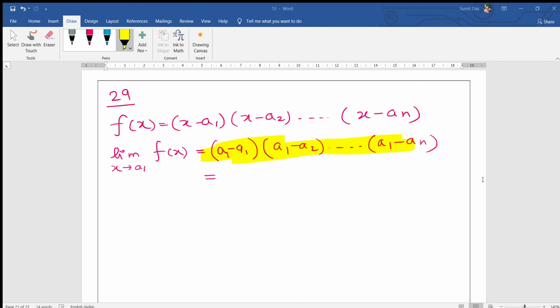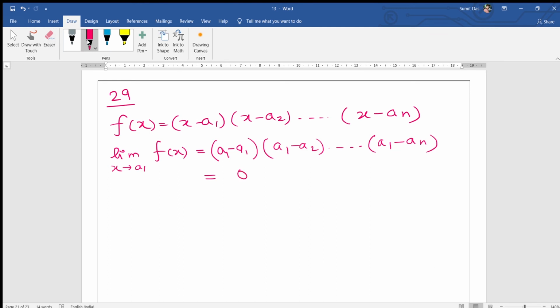Okay, fine. So can't you say the answer? What will be the answer? Look at this question. Here you can see a1 minus a1, so what will be the value?